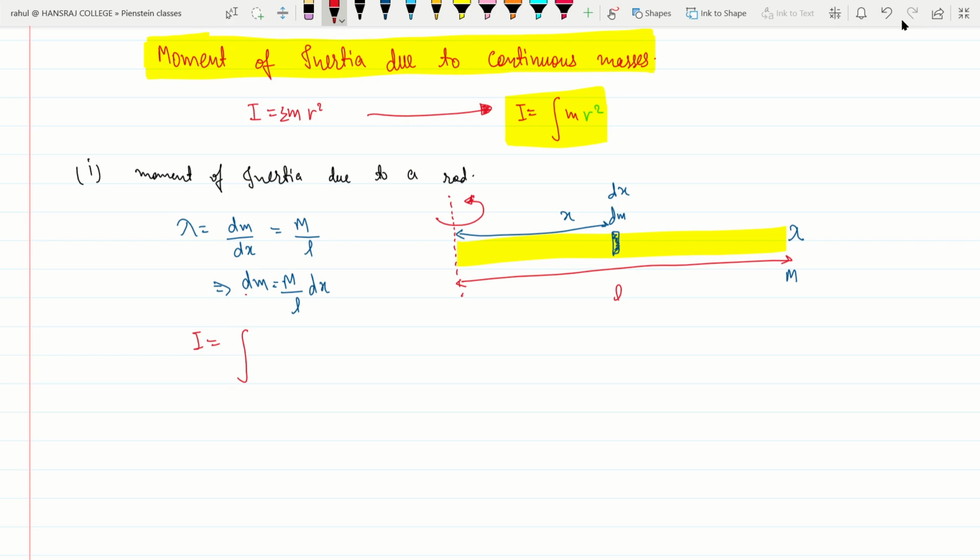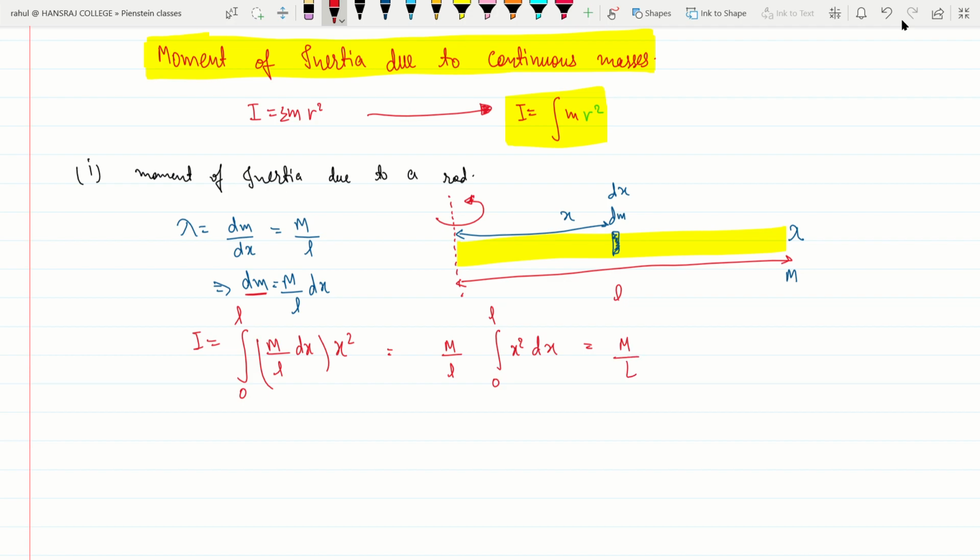So let us use the formula of integration to calculate the moment of inertia. The smaller mass will be m upon L times dx, times x square, and the limit will be from 0 to L. So m upon L, where L is constant, comes out of our integration, and this becomes integral of x square dx.